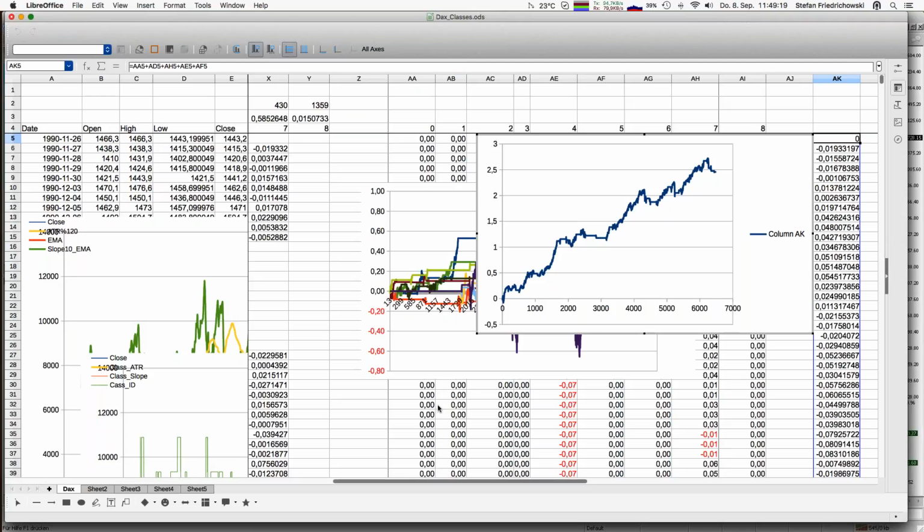But anyhow, this work up to now is already a good indication that it's worth to look deeper into it, and maybe we find some more specific rules within a certain class, like different stop loss settings and so on. But that is nothing I will do today here.